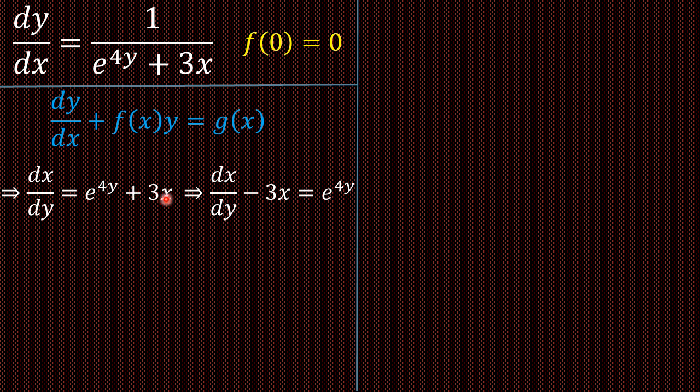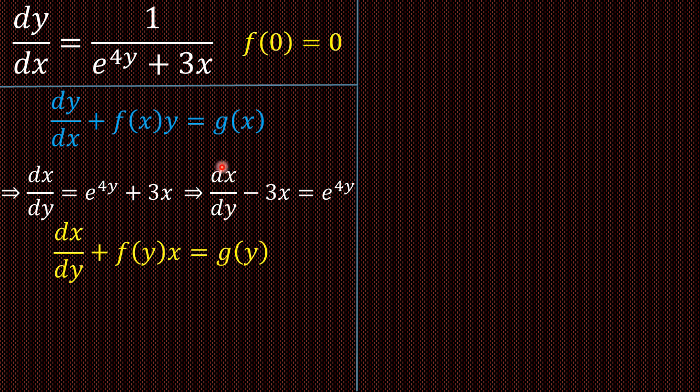Now if we simply take 3x to the left hand side, we are going to have dx/dy minus 3x equal to e raised to the power 4y. Sorry friends, e raised to the power 4y. So friends, you can see that it is now of the form dx/dy plus a function of y times this x, equal to g of y, which is a function of y.